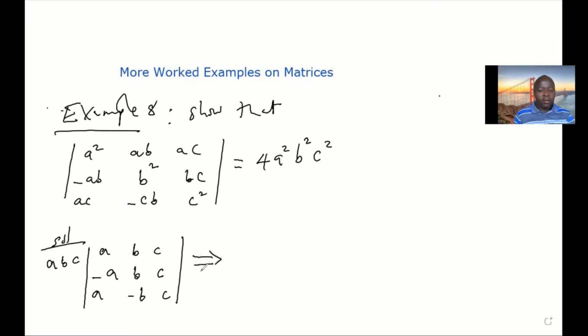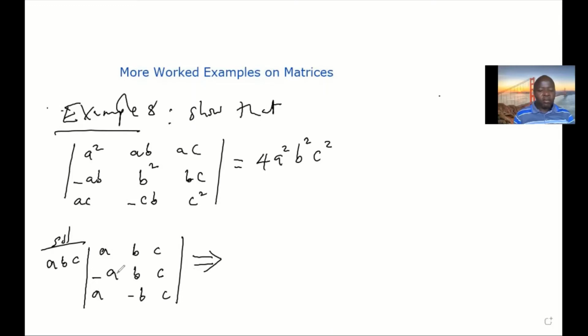Now I want to get the determinant, and I want to use row reduction. I want this A to be the only non-zero element in the first column.